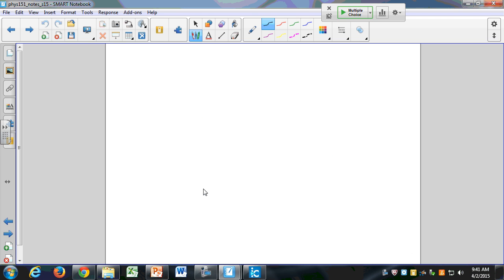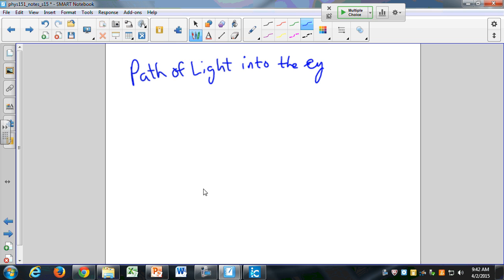All right, let's see. We have a certain path of light into the eye. The video sort of talked a little bit about this. The main point being here that the lens, that portion of the eye that refracts the light onto your retina, is an important part of the eye, but most of the refraction actually occurs when you go from a very low index onto the higher index, which is the interface between the air and the cornea.